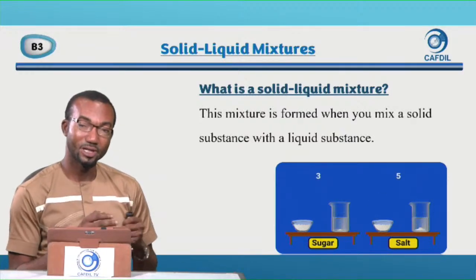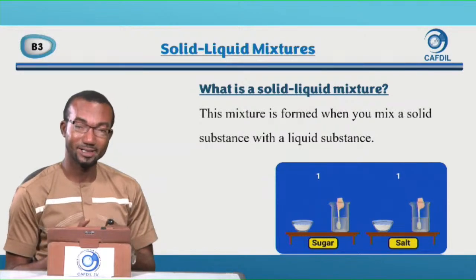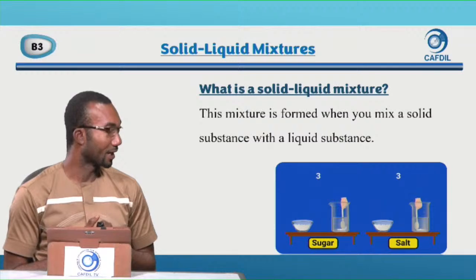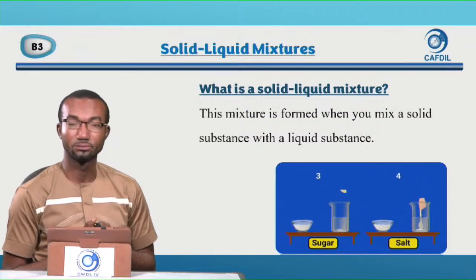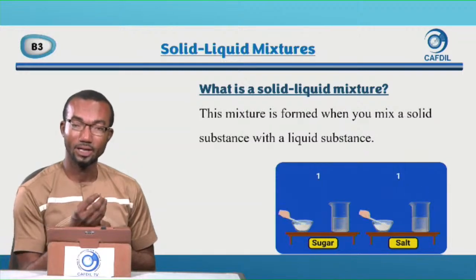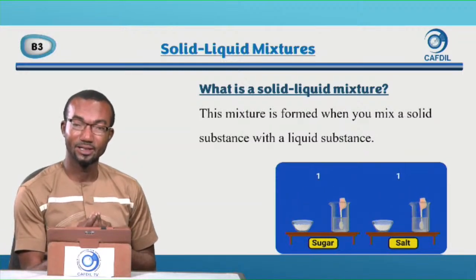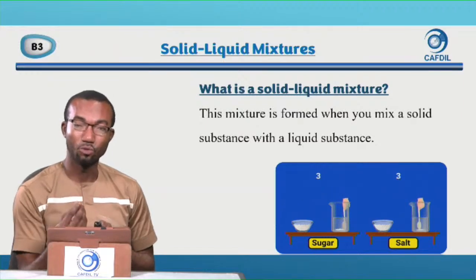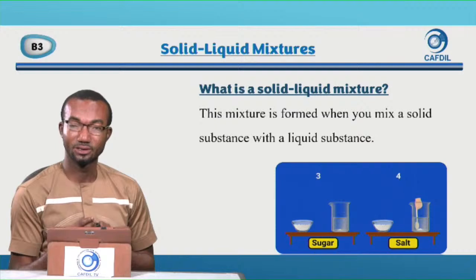And look at this, we looked at gari, we looked at sand. This one, we have sugar and then salt. Sugar is solid, whether granulated, that is the ground one, or the cube ones, they are all solid.